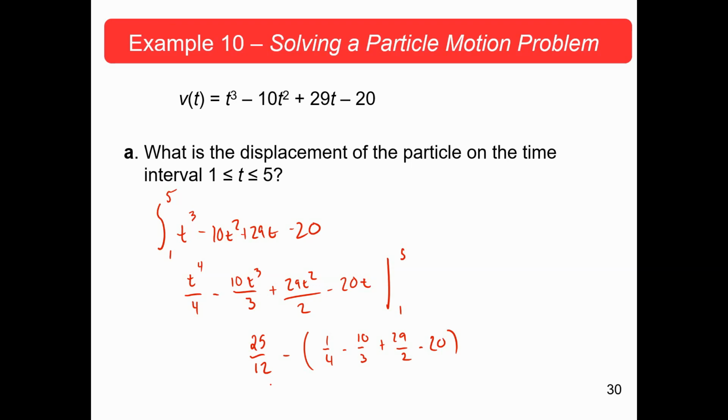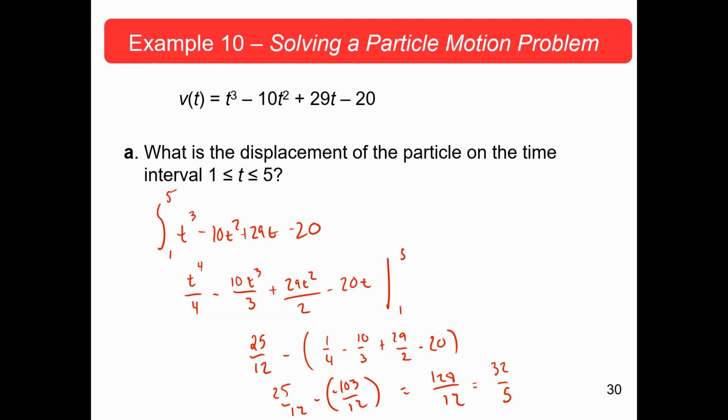You get 25/12 minus negative 103/12, which is 128/12, which is 32/5. Okay? So it's gone 32/5.